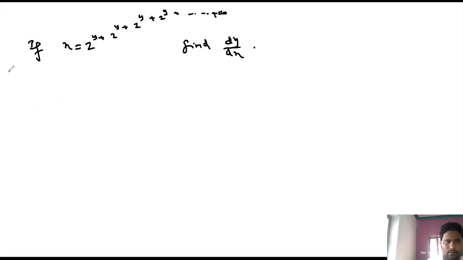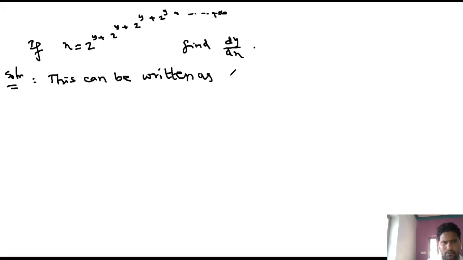So once again, see, now we can write this as x equal to 2 raised to y plus, again it is 2 raised to y plus the same thing. 2 raised to y plus 2 raised to y and so on is again x. So x is equal to 2 raised to y plus x.